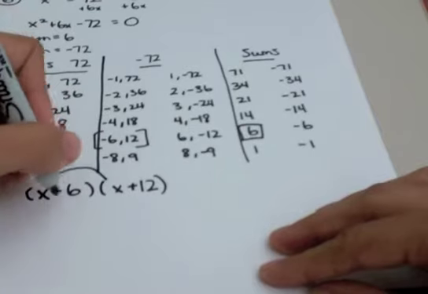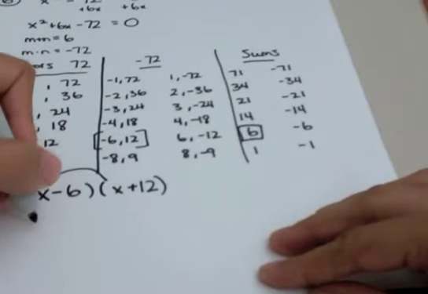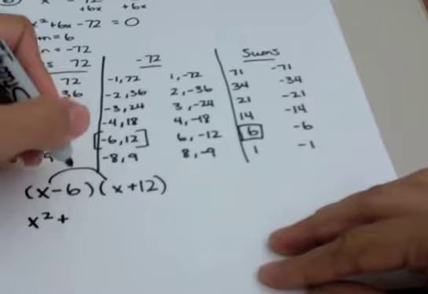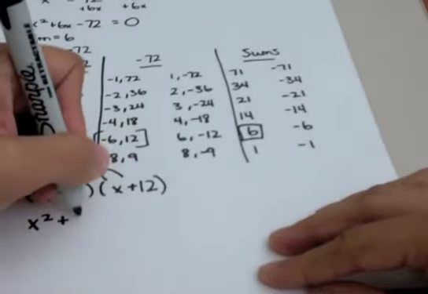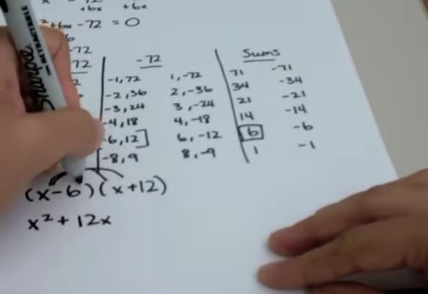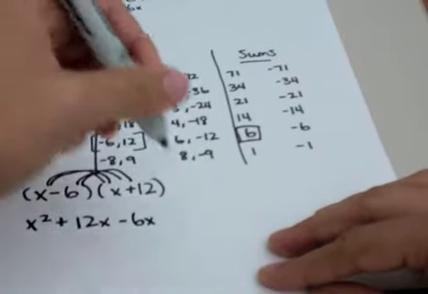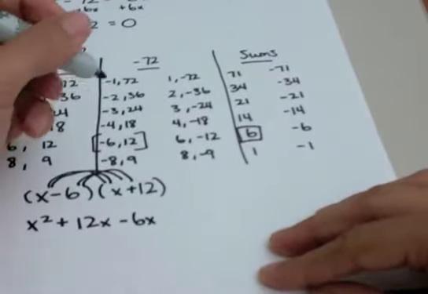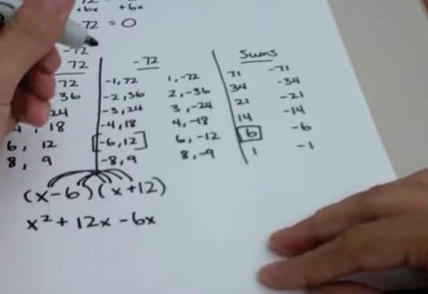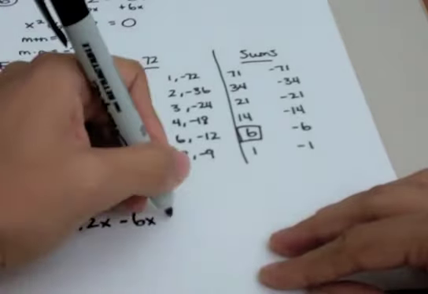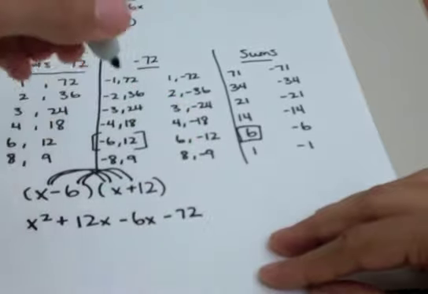FOIL, first, x times x, which is x squared, outside, plus 12x, inside, minus 6x, and last, which is going to be negative 6 times 12, which is negative 72.